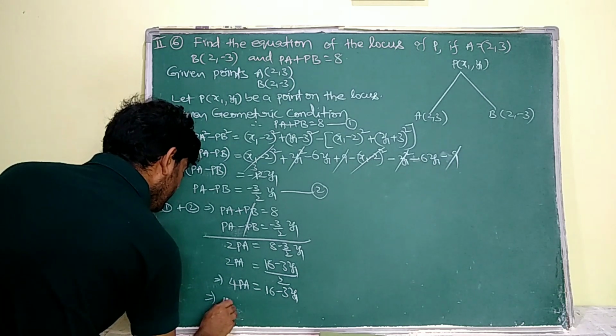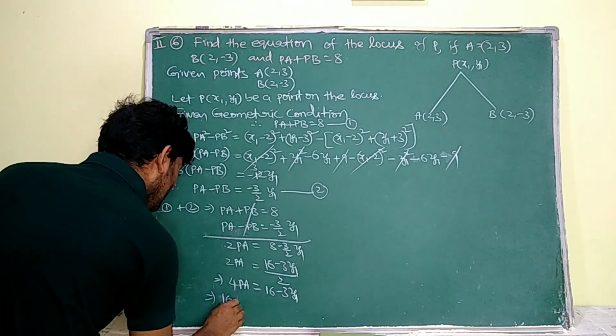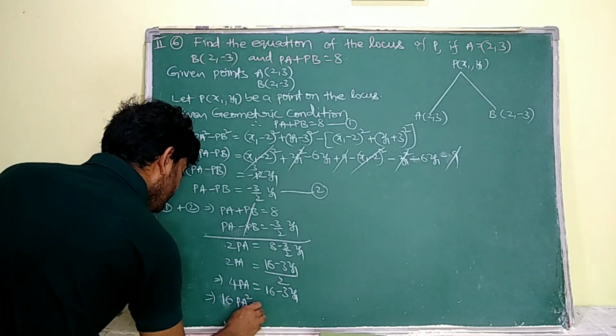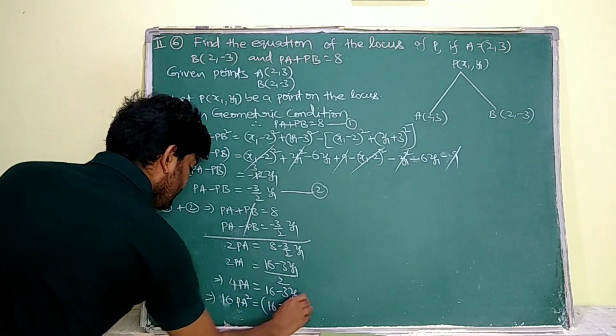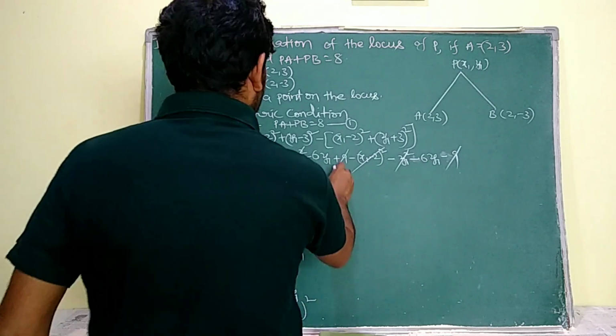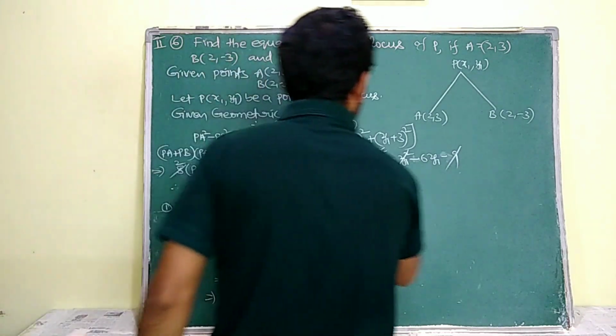Squaring on both sides, that is 16 PA square is equal to 16 minus 3 y1 whole square. Just we have to simplify this one.